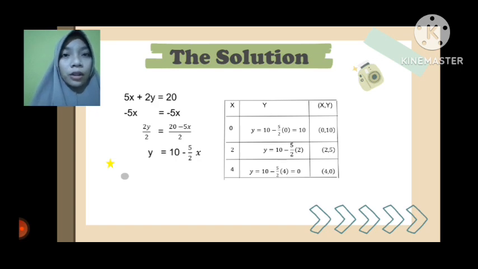Then on both sides we divide by 2, and then we get the last equation: y equals 10 minus 5 per 2 times x. This is the equation we use for making a graph.